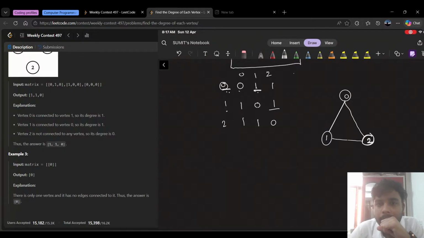No, matrix dot size comma 0. Return result. Okay, the return statement was missing.